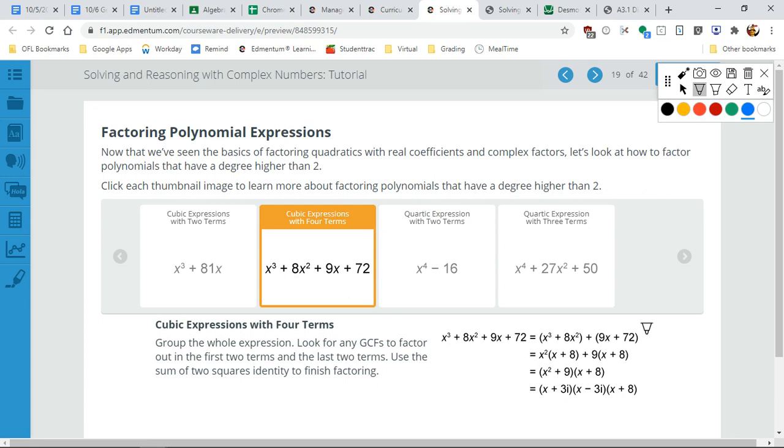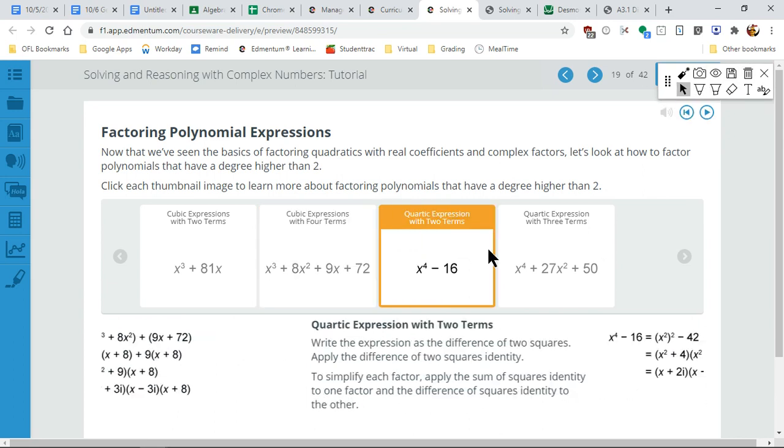Now, if we notice here, we get this x plus 8 and this x plus 8. Why don't we just factor this out? Which is what they did right here. They just factored it out, and then these things go in here. So that's how you factor by grouping. Usually you use it on cubics with 4 terms. It's the easiest way to factor by grouping.